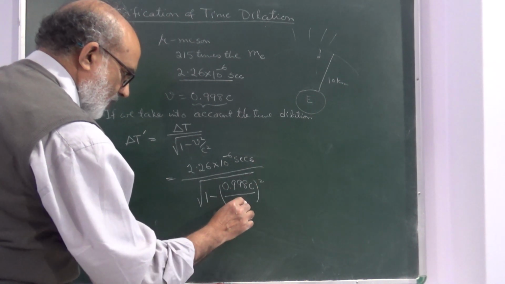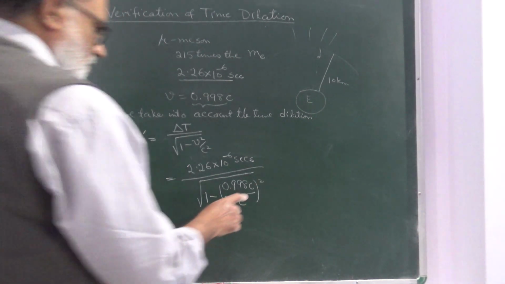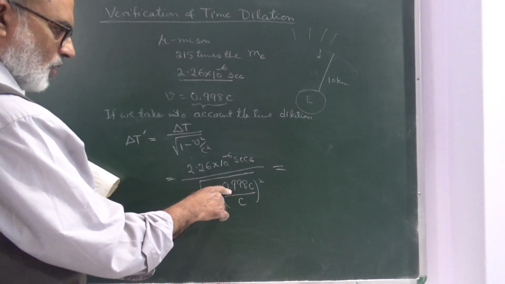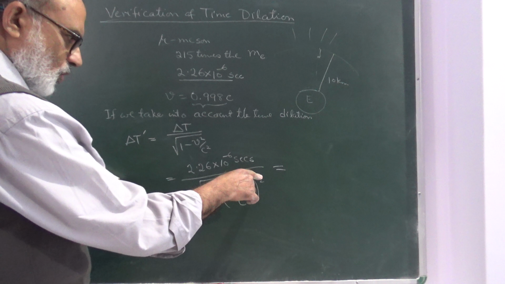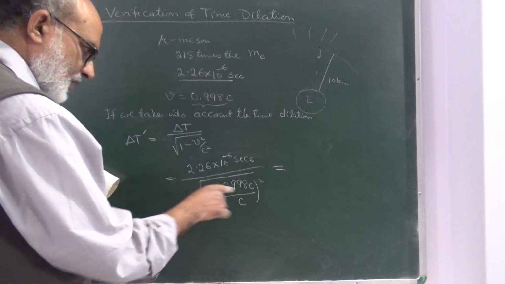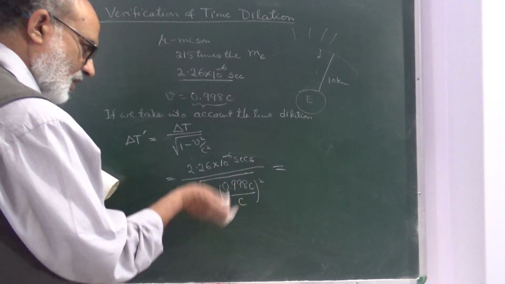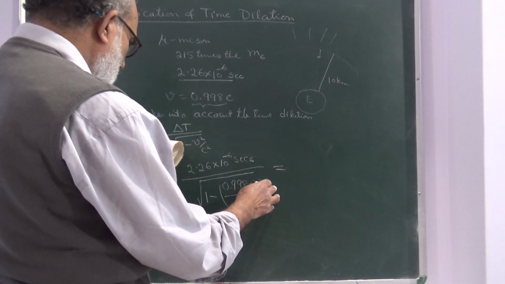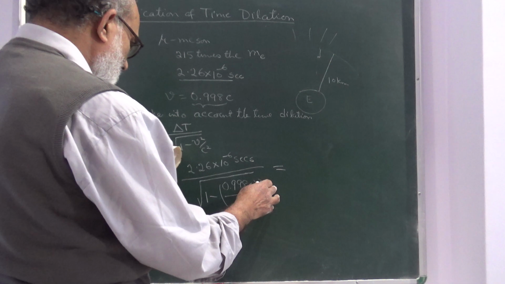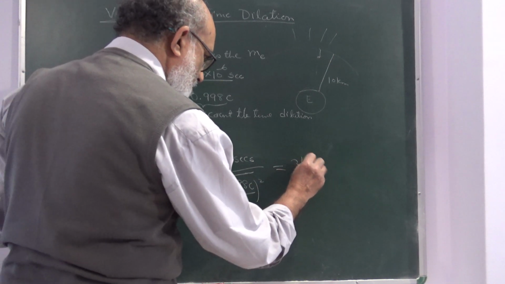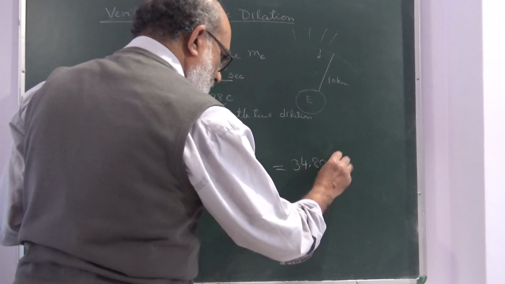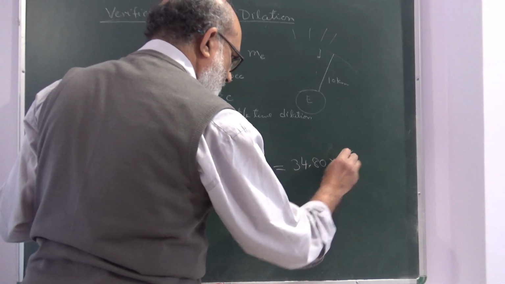So c square will cancel out. Using the calculator, this is 0.998 whole square, subtracted from 1, take the root, and work it out. This comes out to be 34.80 times 10 to the power minus 6 seconds.